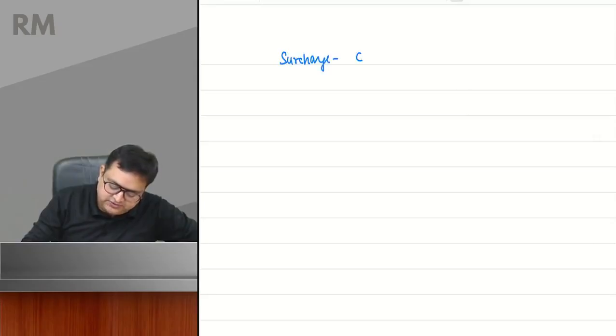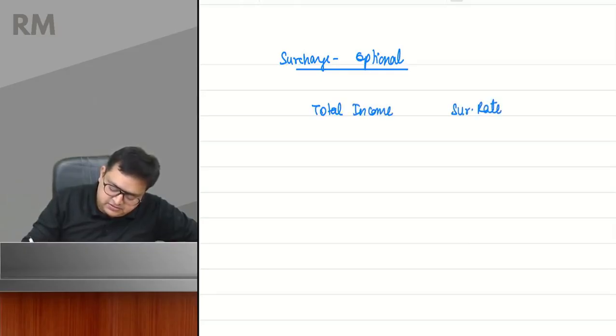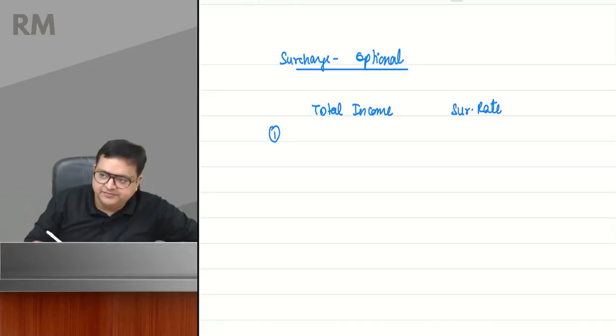Surcharge in optional regime. See, in default regime, we have 3 levels. In optional regime, we have 4 levels. Total income, surcharge rate. First 2 levels are same.